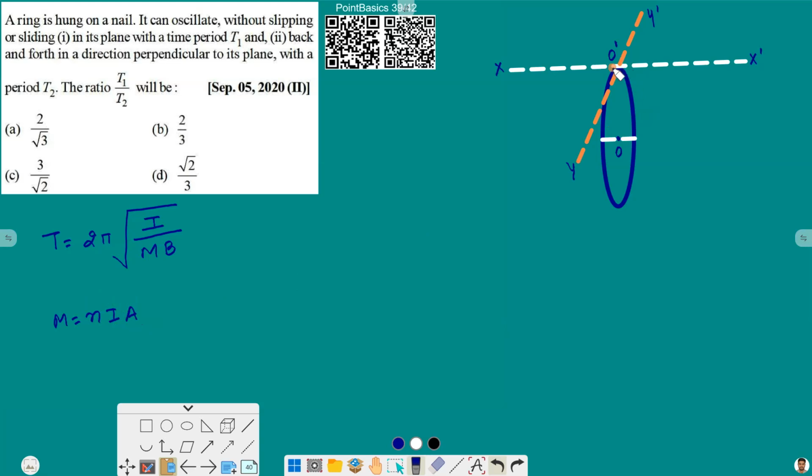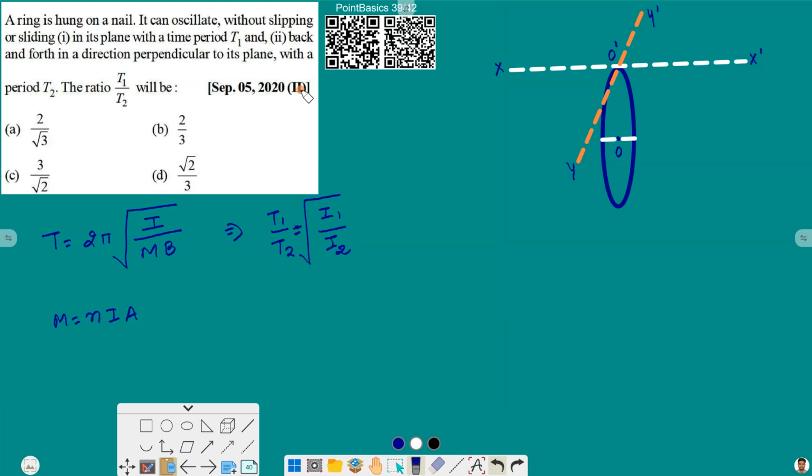So whatever axis we choose, value of M is going to stay the same, value of magnetic field is going to stay the same. So we can say T1 by T2, their ratio will be dependent just on ratio of moment of inertias.